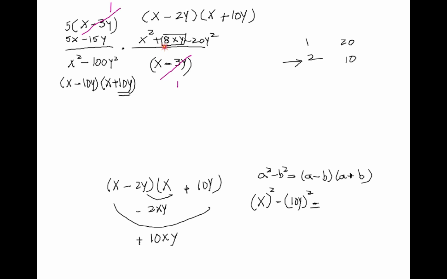And you notice that now I can reduce x plus 10y, x plus 10y, that turns to 1. So you end up simplifying this expression. At the top of the fraction, I have 5, and then I have x minus 2y. At the bottom of the fraction, I have x minus 10y, and that's how you simplify that.